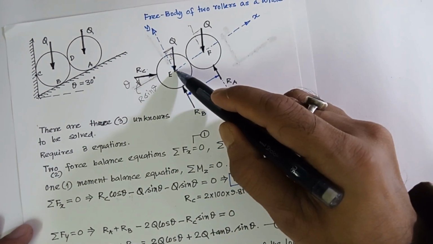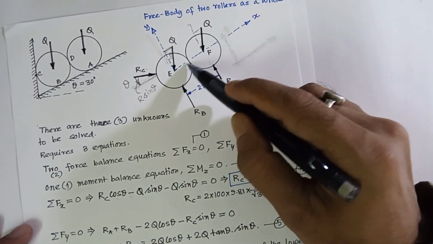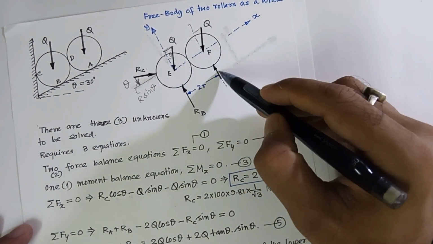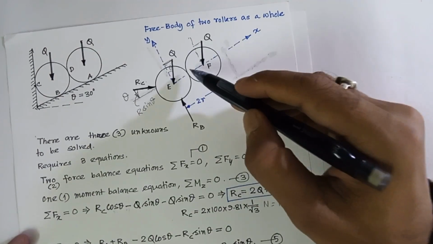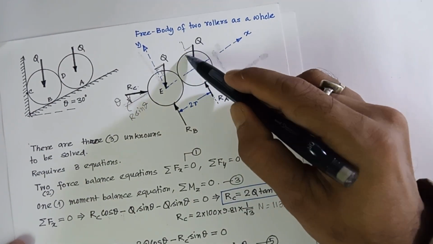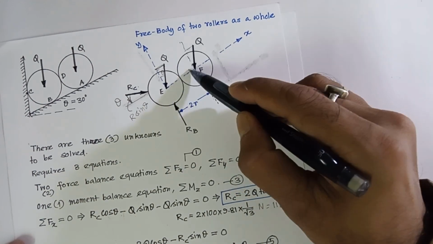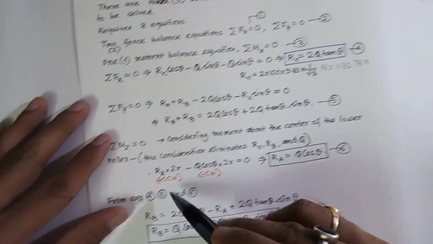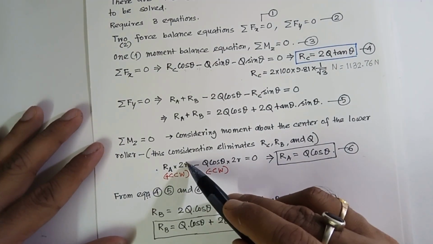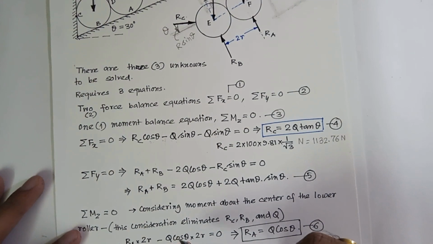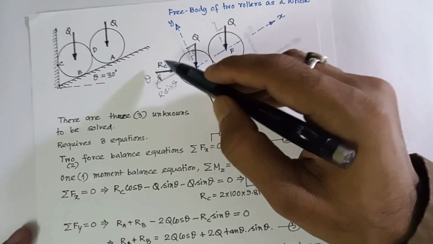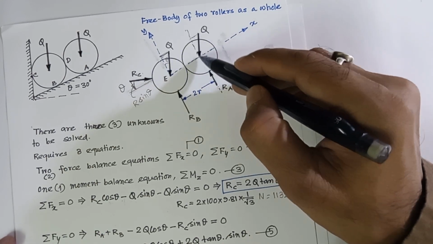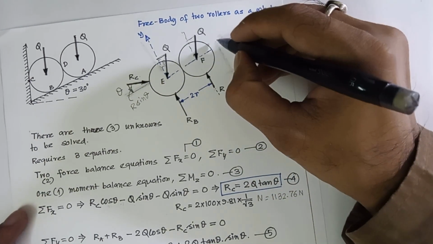It will be RA multiplied by 2R, because RA is perpendicular to this line. So RA multiplied by 2R, and Q cos theta in this direction multiplied by 2R. So RA into 2R in the counterclockwise direction, minus Q cos theta into 2R in the clockwise direction.